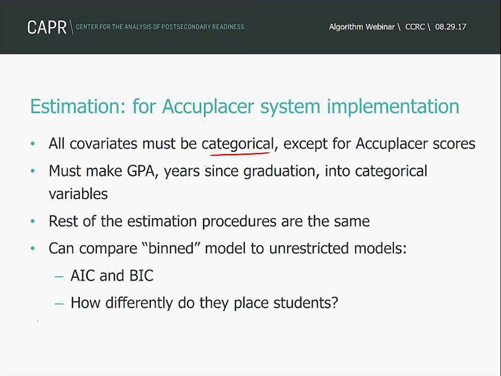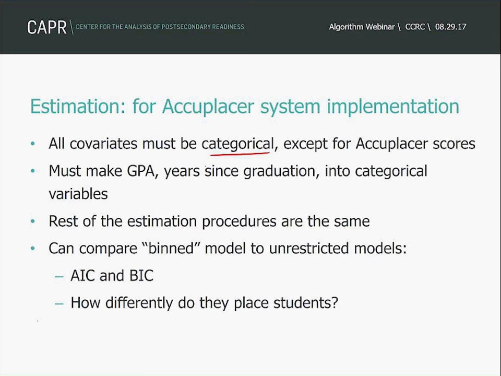So you might bin them up into terciles for GPA or graduation, so that you create a categorical variable with a couple of values. The rest of the estimation procedure just proceeds exactly the same though. So instead of having the continuous variable for GPA, you've got dummies for each tercile.